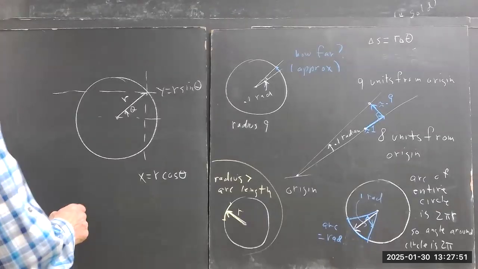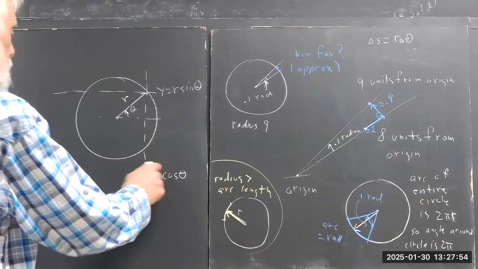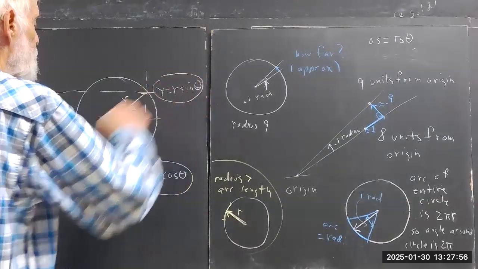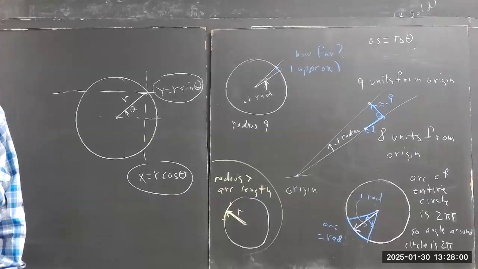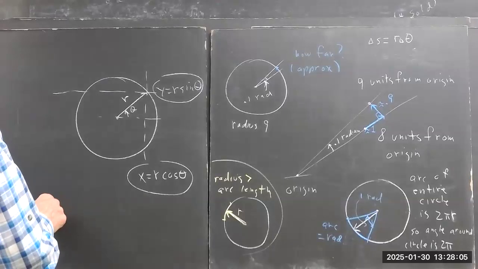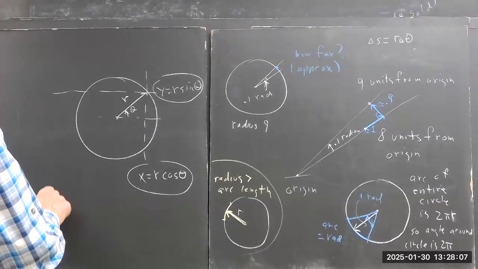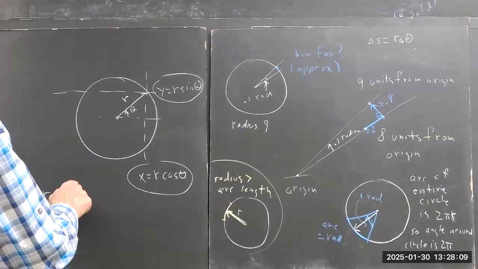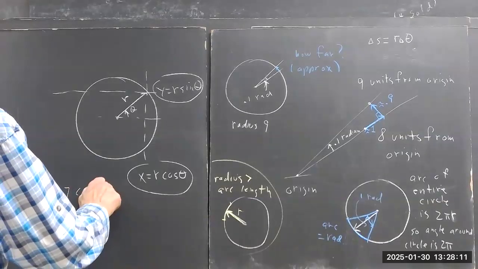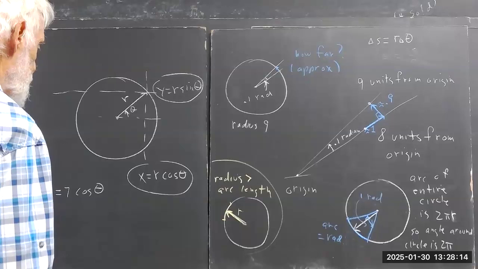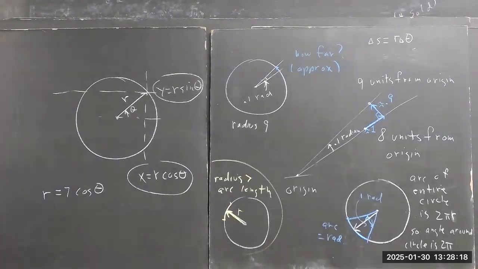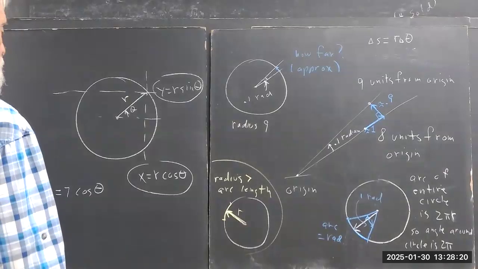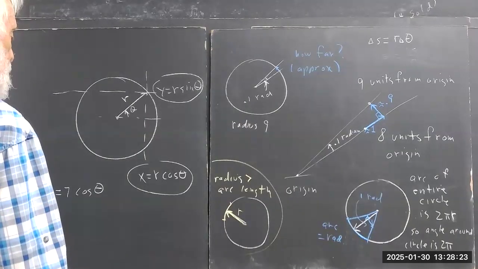So we could say that these equations convert polar coordinates to rectangular. So if we have r equals 7 cosine theta, how do we convert this to rectangular?